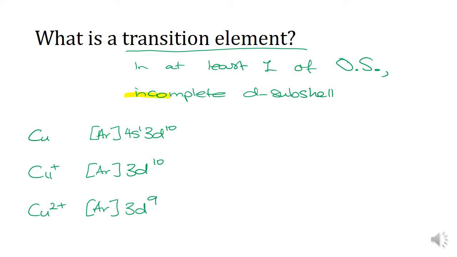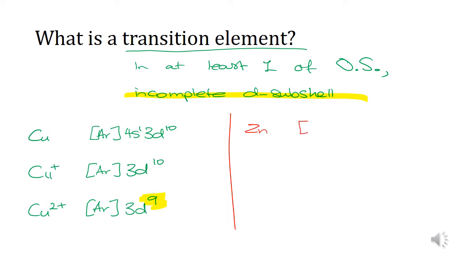So this incomplete D subshell has to be there. For example, one of the things that I mentioned is that zinc is not considered a transition metal.